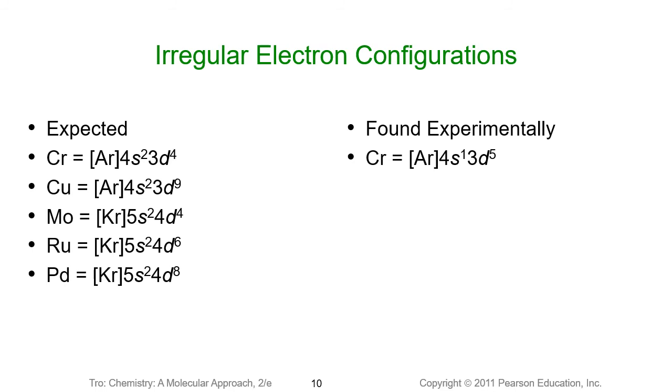The reason this happens is now we have a half-filled orbital for both the s and the d orbital, and there's extra stability from it being half-filled. We also see this with copper, but now we promote one out of the s orbital. We have a half-filled and a completely filled orbital, which adds to the stability. We see this for molybdenum as well.